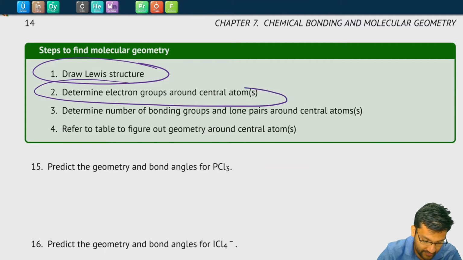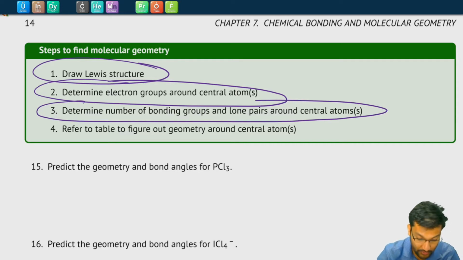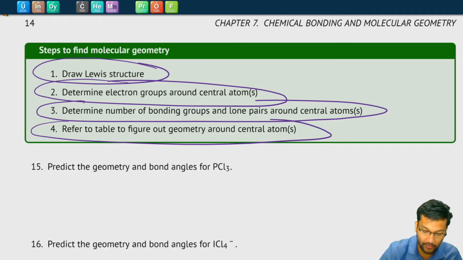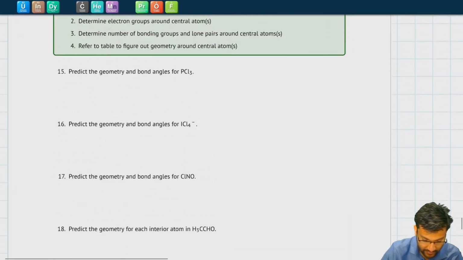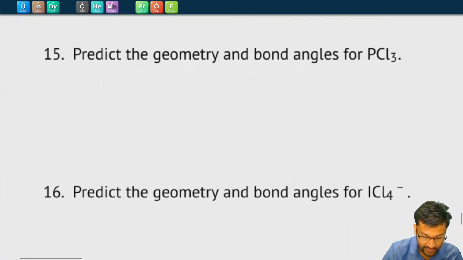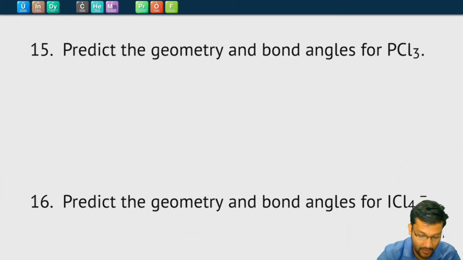Then from that, figure out how many electron groups you have around the atom that you're interested in. Then you determine the number of bonding groups that you have and lone pairs. And then you refer to that table to figure out what their geometry is and what their angles should be. So using those, try to do some of these for practice. Pause the video, and then you can unpause and I'll go over them together.